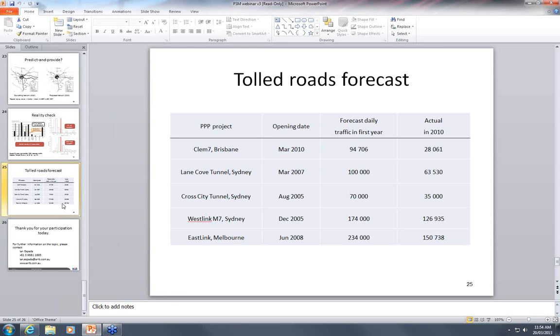Once the toll roads have been opened and are operating, traffic data will flow in, and we can track, say after 6 months of operation, an estimate of what the initial traffic volume using that particular toll road would be.